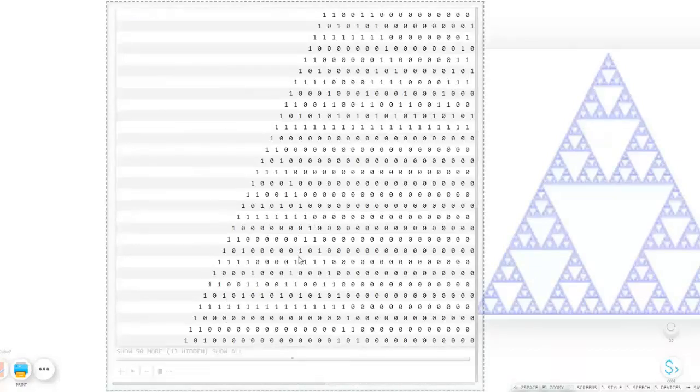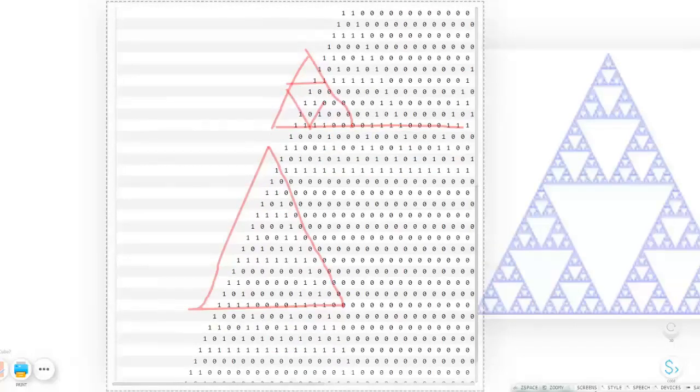You can see the patterns of the ones and so forth here. See, there is one line here. And so forth. So you can see that these two patterns are related to each other.